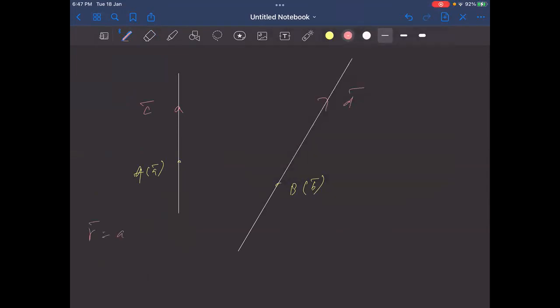Will it be A plus lambda times C? Have I written the equations of both lines correctly? Tell me, is it correct?